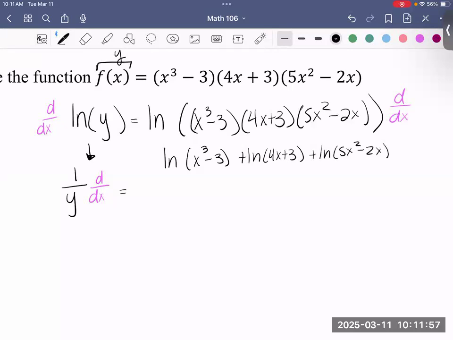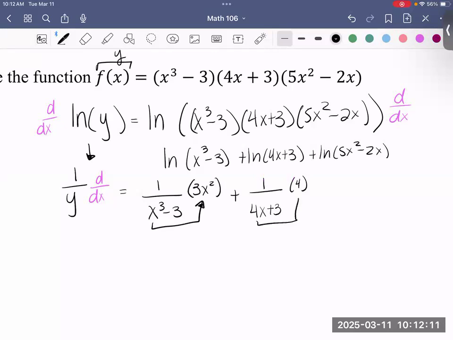Now we can take the derivative, 1 over x cubed minus 3, chain rule it, plus 1 over 4x plus 3, chain rule it, plus 1 over 5x squared minus 2x, chain rule it, 10x minus 2.